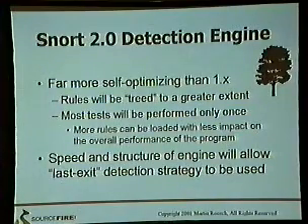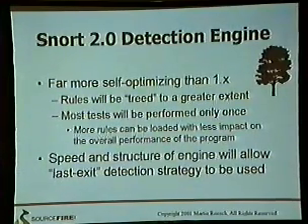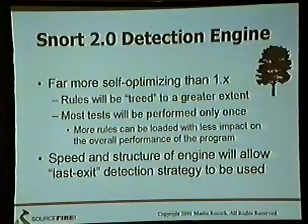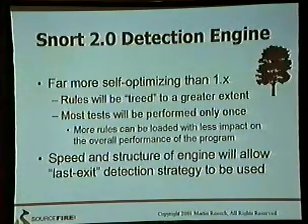And what we're going to do in the 2.0 detection engine is tree this out a lot more. So the detection system acts like a funnel. It funnels down to the final detection things that we want to look for. When we do this, we'll be able to load more rules with less impact on the performance of the software.